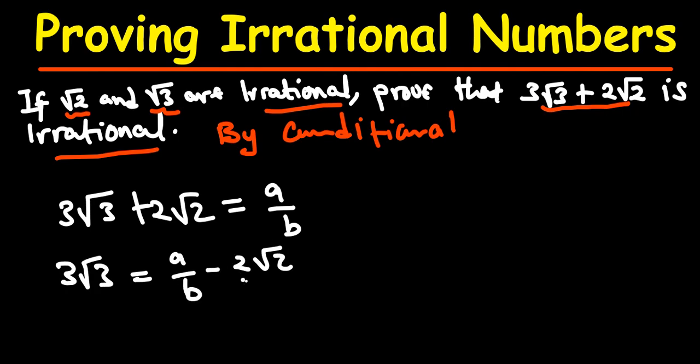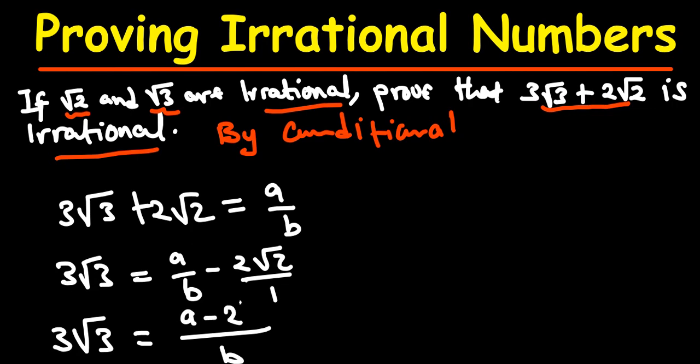From here I'm going to subtract what I have on the right. So here I still have 3 root 3 is equal to, and here I'm going to write the common denominator, which is b. So b into b is 1, so here I have a minus, 1 into b is b, so I'm going to have 2b root 2.